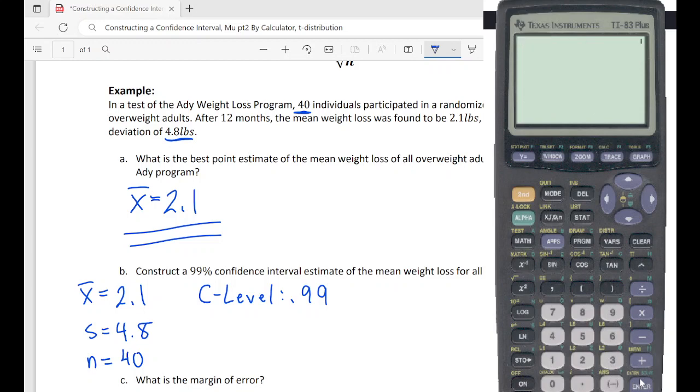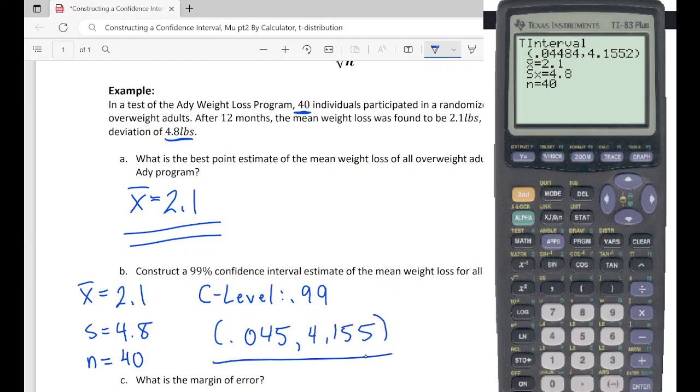So down to Calculate, it'll think about it, and then it's going to spit out an answer at the top of 0.04484 to 4.1552, and I'm going to round to 3 decimal places, so it's going to be 0.045 to 4.155. And this here would be our 99% confidence interval. So we'd be 99% confident that the true mean weight loss is between these two values.